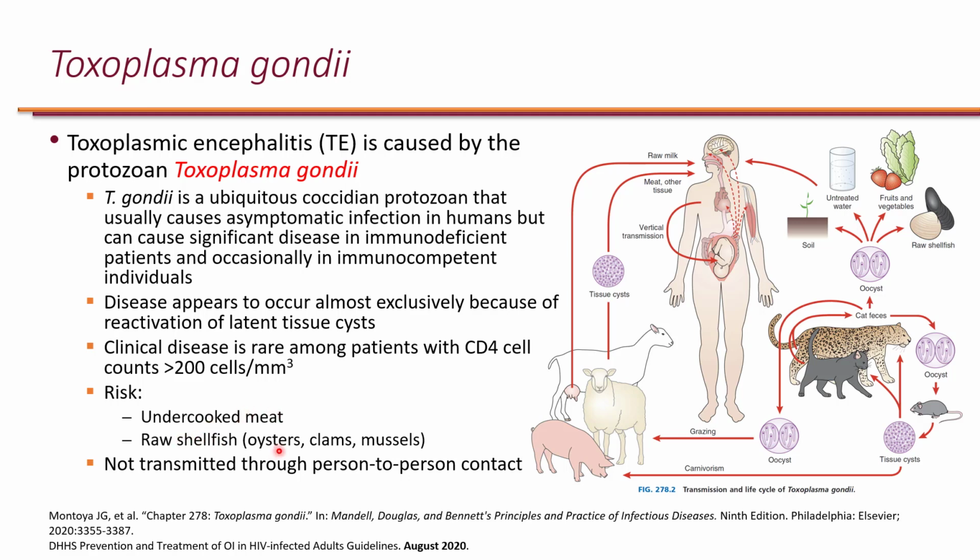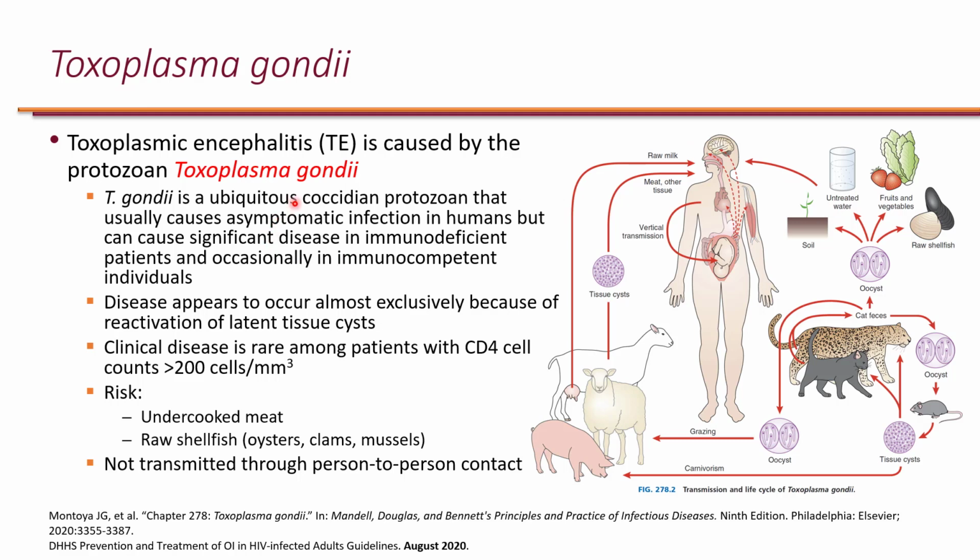such as oysters, clams, etc. As well as exposed vegetables, so untreated water or organic food, or if you're growing your own food and cats or even livestock are around, that could expose the patient to Toxoplasma gondii.